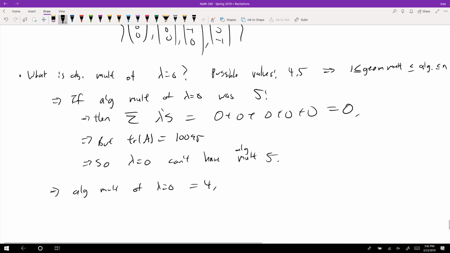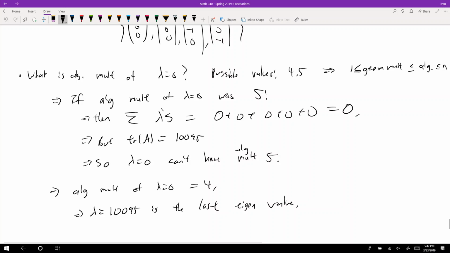And what's the last eigenvalue? 2019 times 5. Okay, so is this diagonalizable?